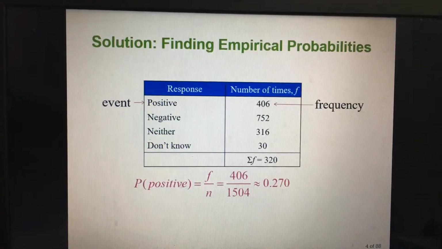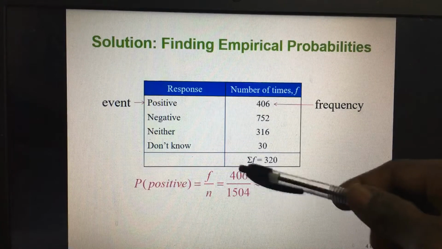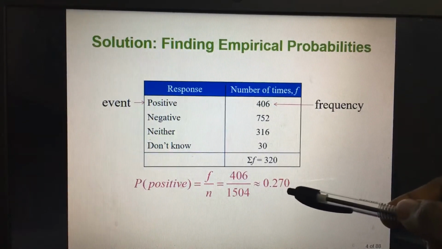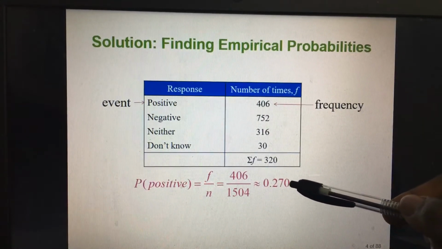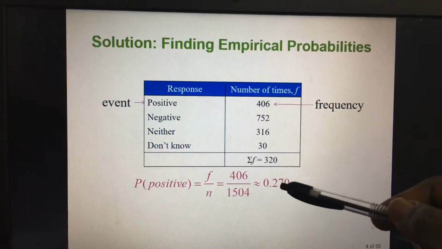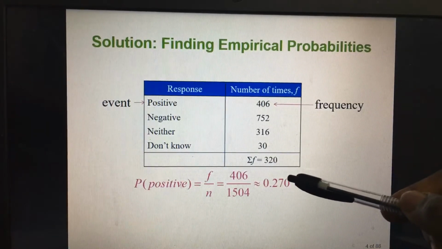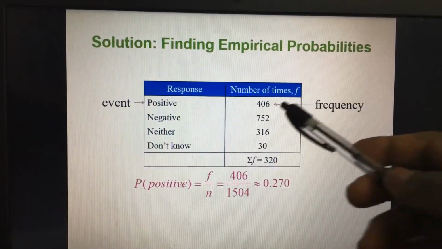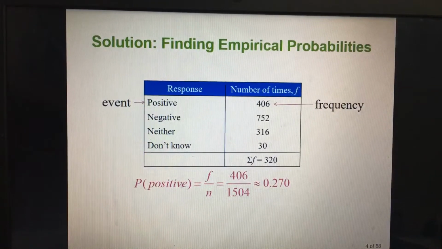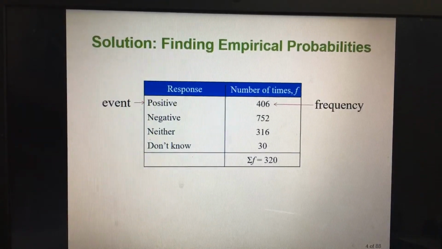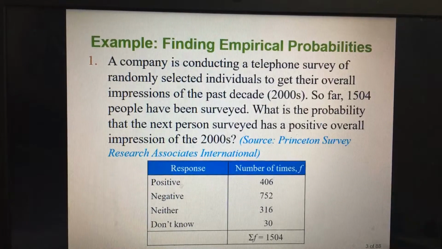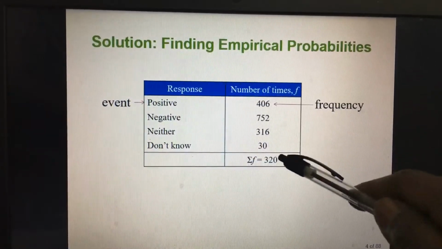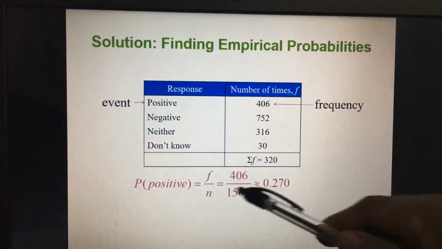Like I said in my previous lectures, we can write the answer to a probability question as a fraction like this, as a decimal, or as a percent, which means that we can also say that we have a 27% chance. There is a 27% chance that the next person will have a positive impression of the year 2000. Okay. So that is how we get the empirical here.